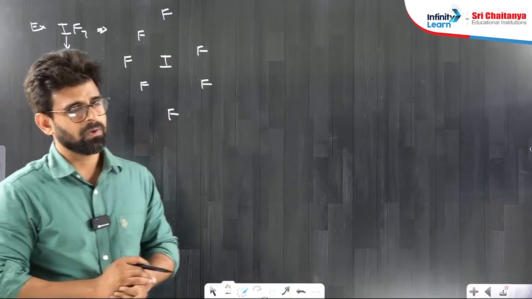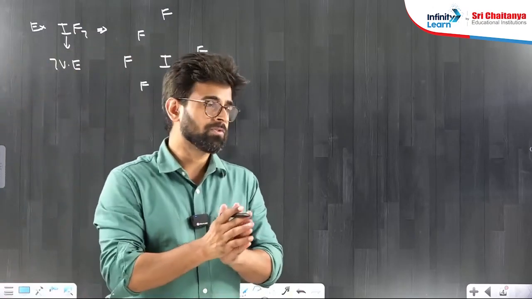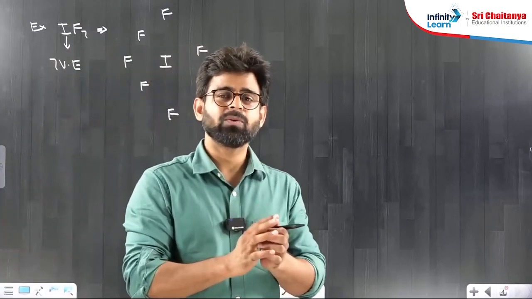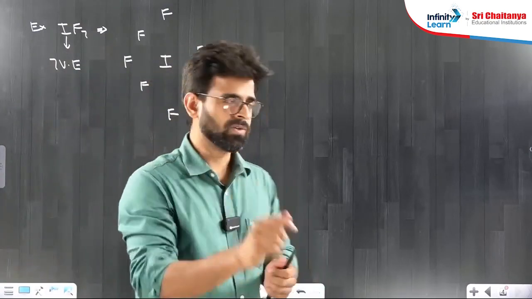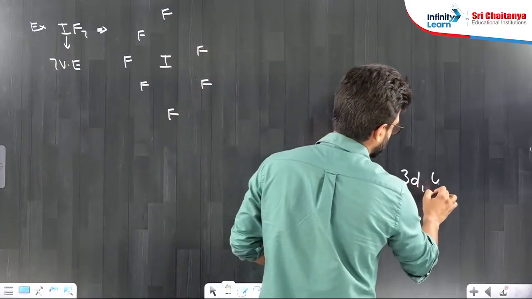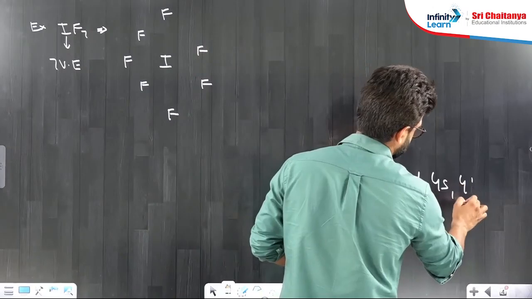Fine. It is not required for now, but yes, you can listen to me carefully. Imagine you are using your 3d orbitals, then you are using 4s orbitals, and then 4p.